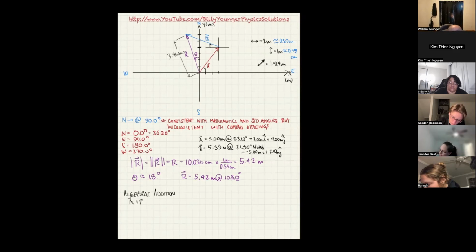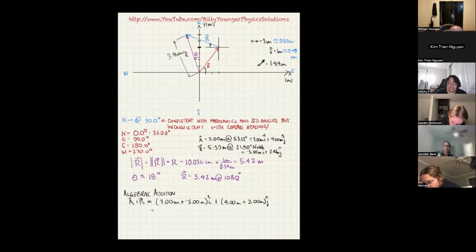A plus B is equal to, I'm going to take the 3.00 meters and add to it the negative 5.00 meters, and all that'll go in front of I hat because they're like terms. Plus, I'm going to add the 4.00 meters to the 2.00 meters because both of those are in the Y direction, so that's J hat.